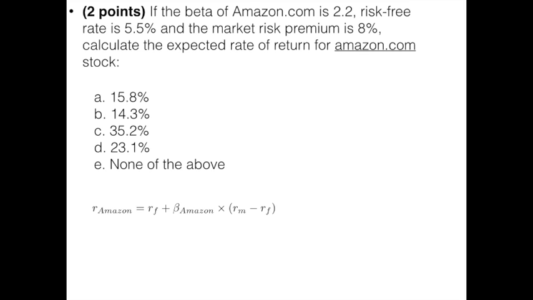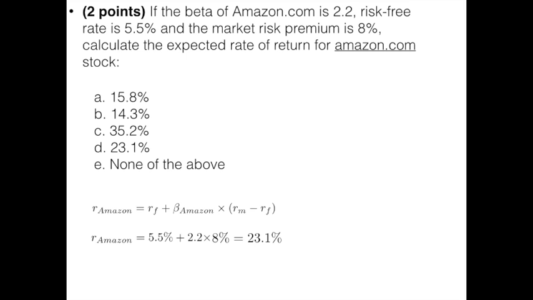In other words, this will be the risk-free rate of 5.5% plus beta, which is 2.2, times... Now, pay attention to what is written in this text. It says that the market risk premium is 8%. If the market risk premium is 8%, you just plug in 8% here, okay?